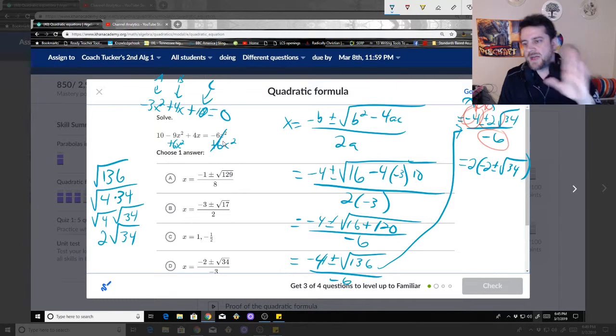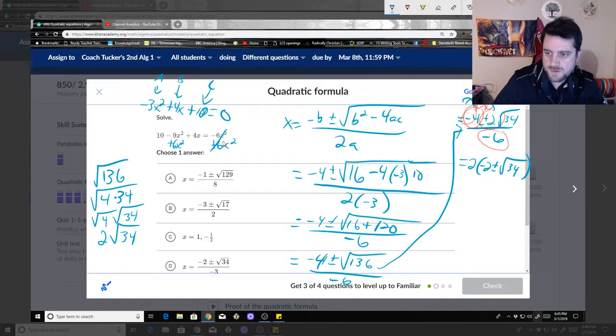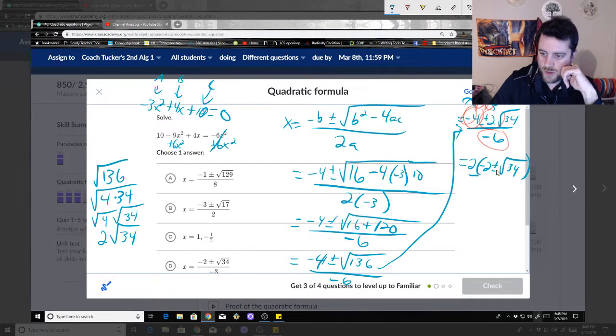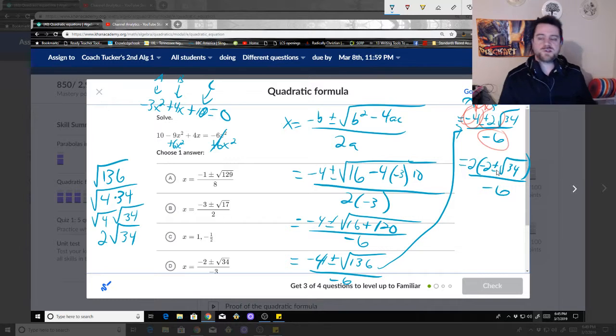And the reason why it looks like this is because, again, when you pull this 2 out here, 2 goes into 2 one time, leaving a 1 in front of the square root. However, because 1's in front of it, we can drop it, so it's okay. All over negative 6. But now you can cancel out common factors. So if you remember before, weeks ago, I said you can only cancel out factors with factors.